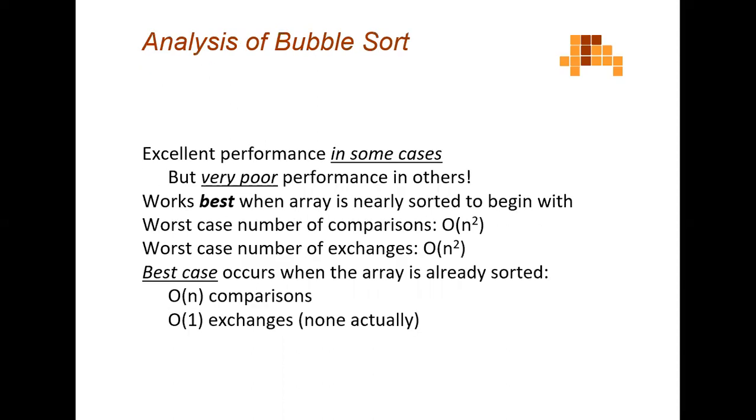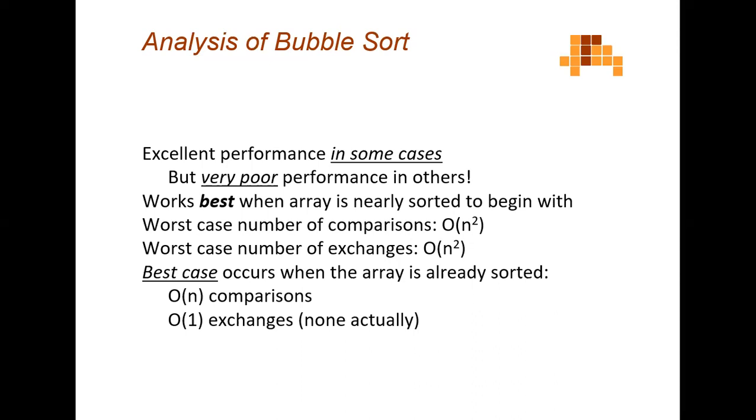So if we consider the performance of the bubble sort, it can lead to amazing results when most of the items are already sorted. It can be big O of n comparisons, even big O of 1, if it's already sorted.